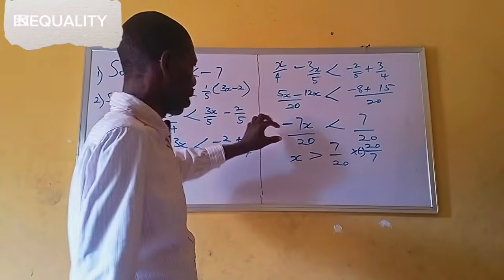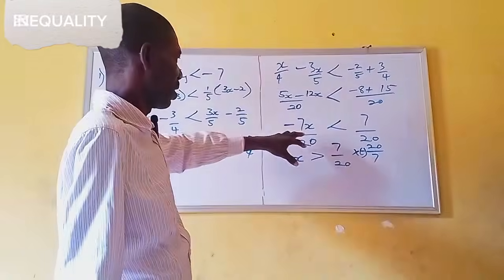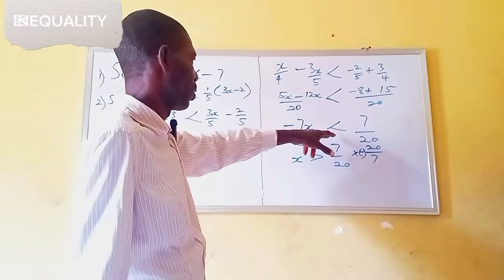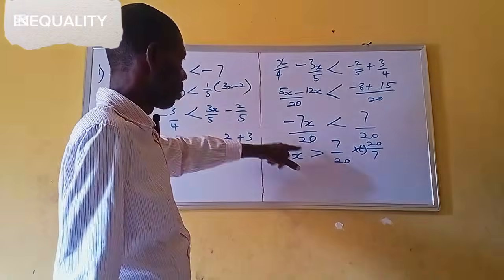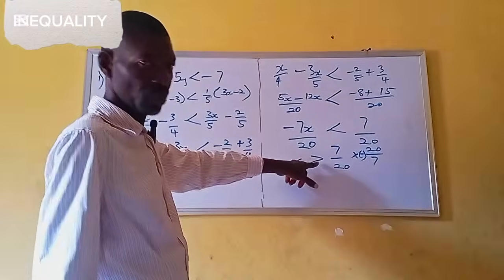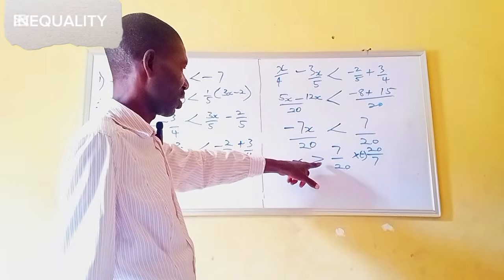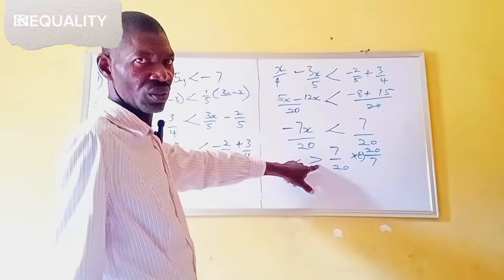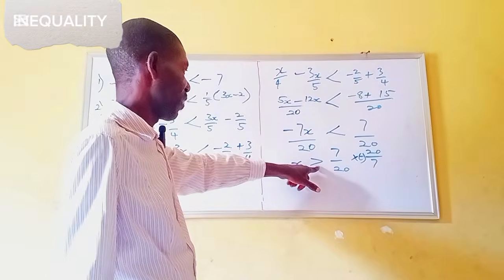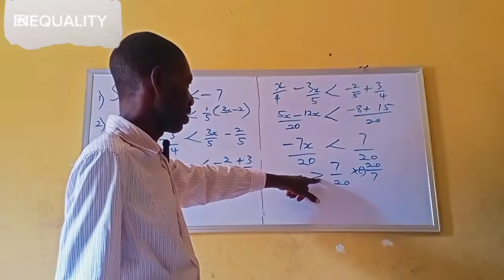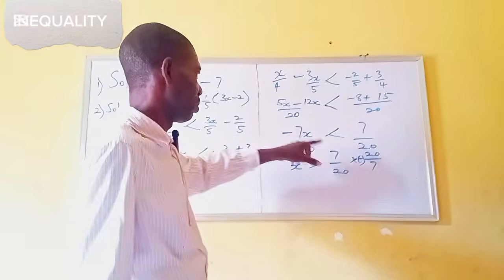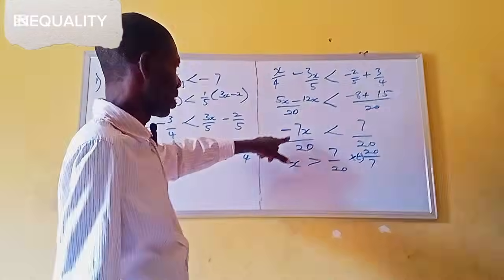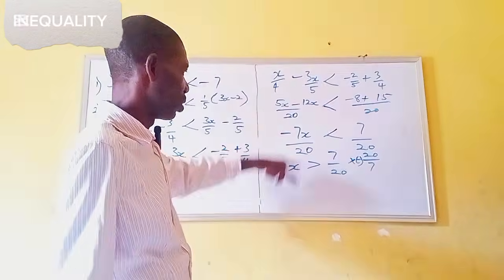Because we are dividing the inequality with a negative number, we are going to flip this inequality sign. We are going to flip it, or you reverse it. In other words, reverse the inequality sign, because we are dividing it with a negative number.